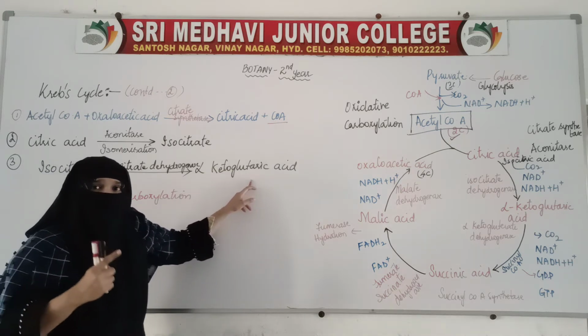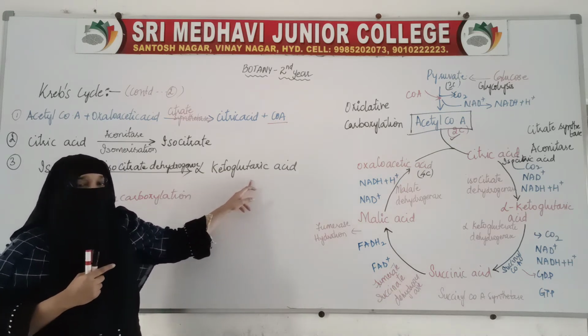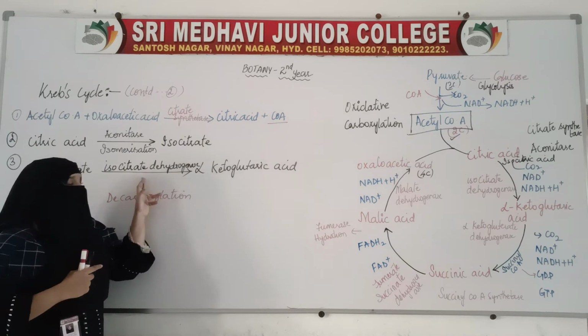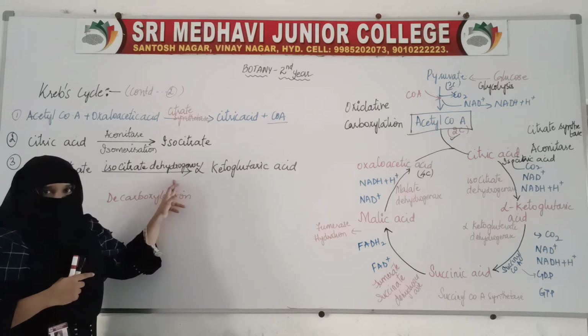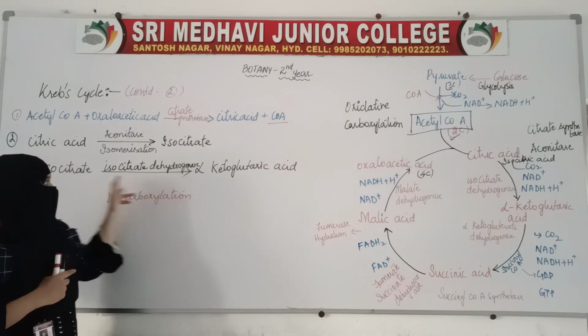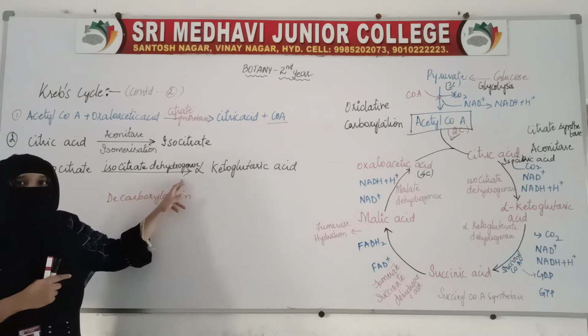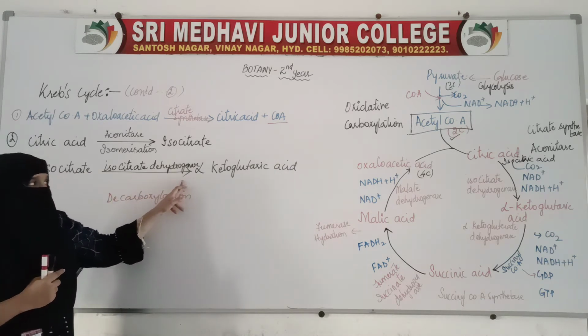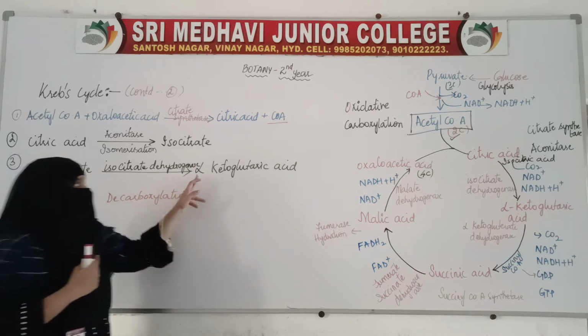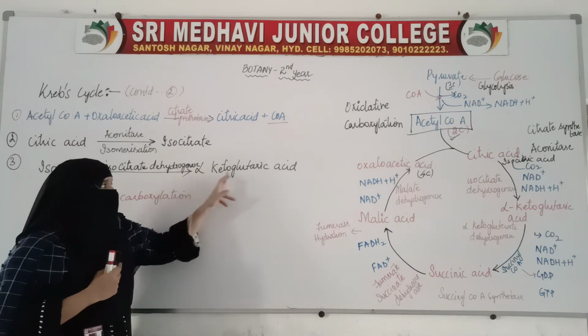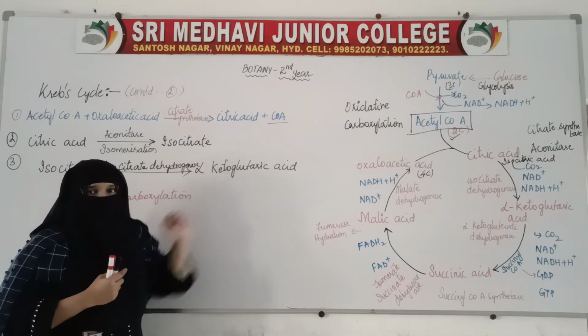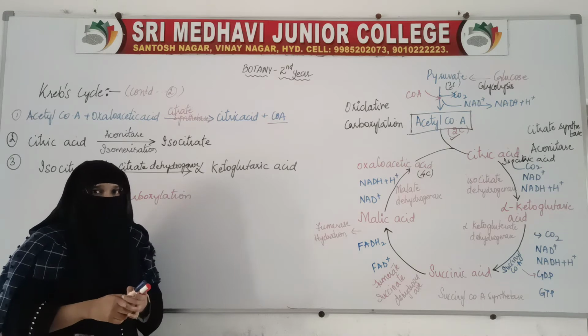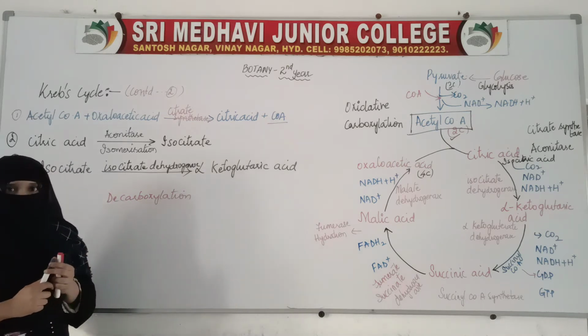So the enzyme which is helping during this reaction is isocitrate dehydrogenase. And the major product which is formed is alpha ketoglutarate. And as I said, it is a decarboxylation reaction.